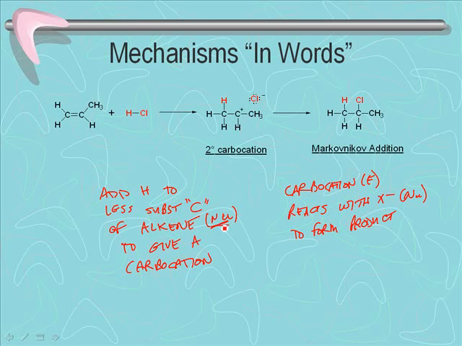Since the alkene is a nucleophile, the tail of the arrow will be on the alkene. HCl, being our electrophile, will then be at the head of that first arrow. And we would then need a second arrow to break the HCl bond. In the second step, we state that the carbocation is the electrophile, so therefore it will be on the head of an arrow. And our X- is our nucleophile, so it will be the tail of an arrow.